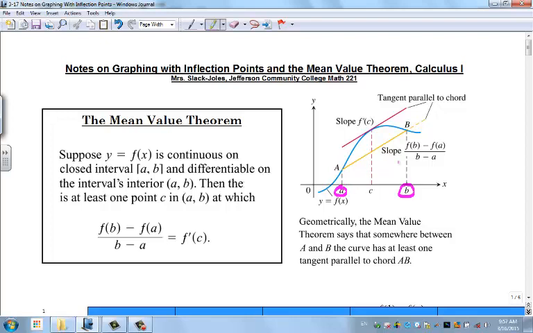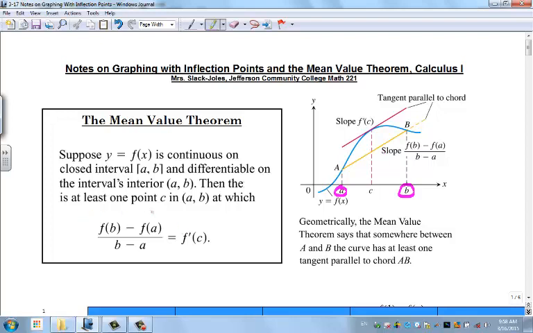So if you get a slope of f of b minus f of a over b minus a, which is the slope formula, between a and b, then that slope must be the derivative at some point between a and b. Okay, so there has to exist some value x equals c between points a and b where that slope is the same as it is between a and b. That is the mean value theorem.